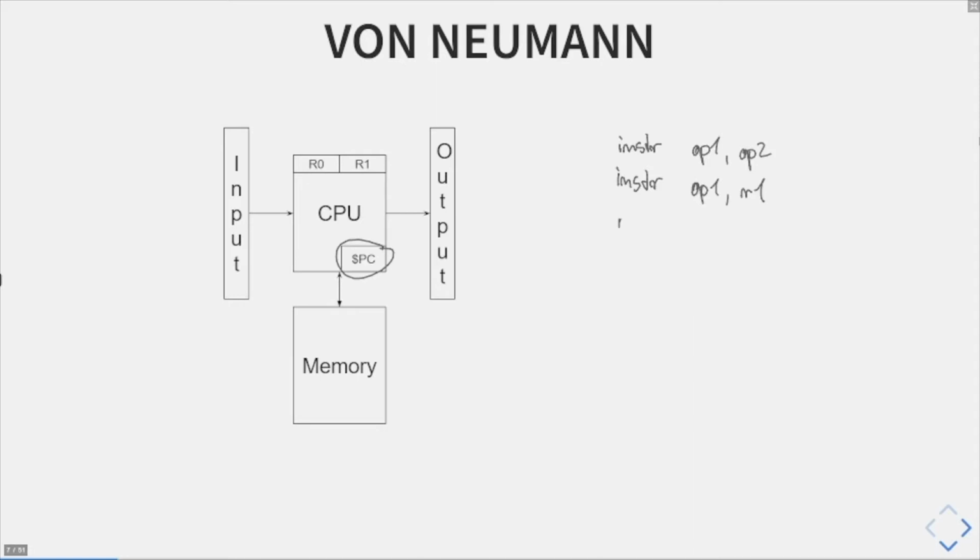Then you execute the next instruction where you maybe check whether a value in a register is equal to something, and based on that you either continue with the next instruction or you reset the program counter to continue executing somewhere else, right?